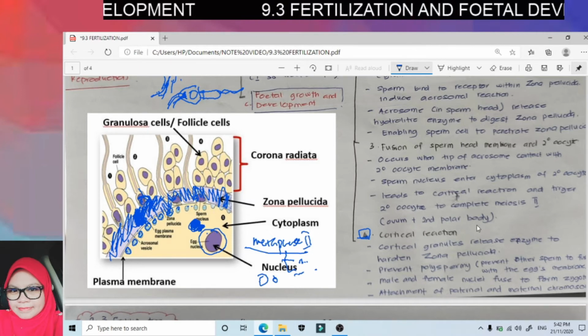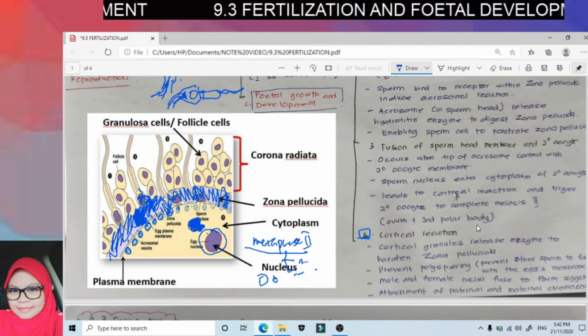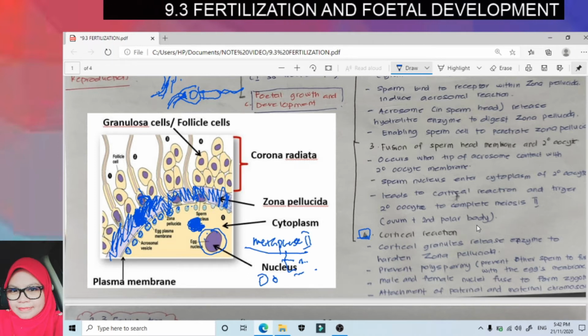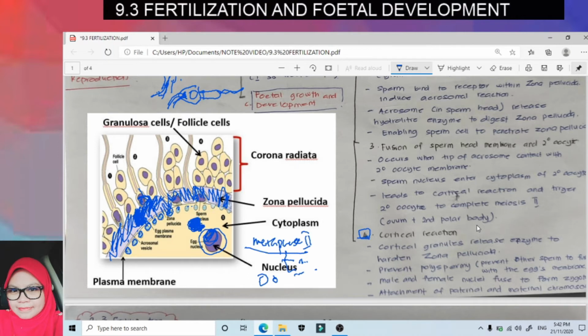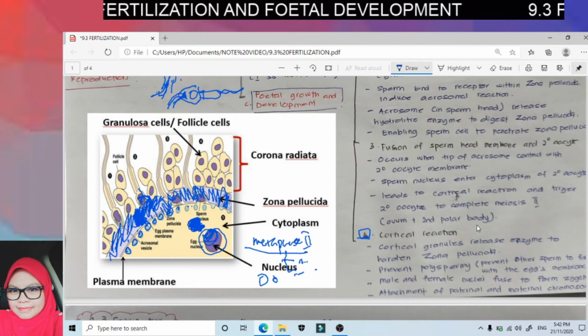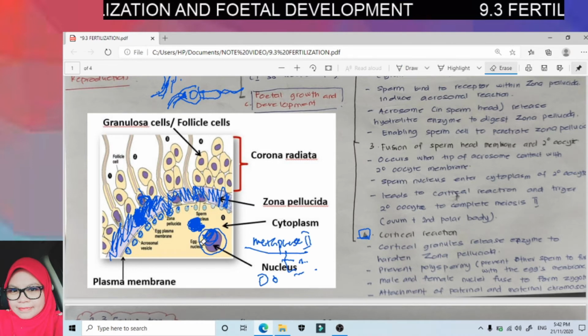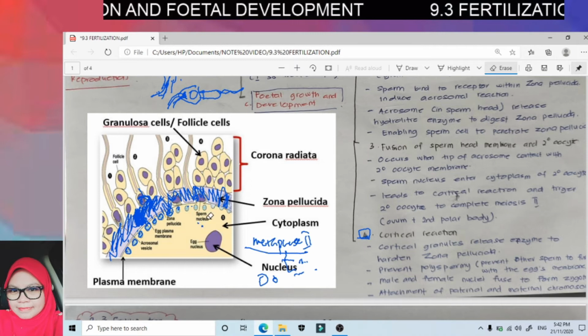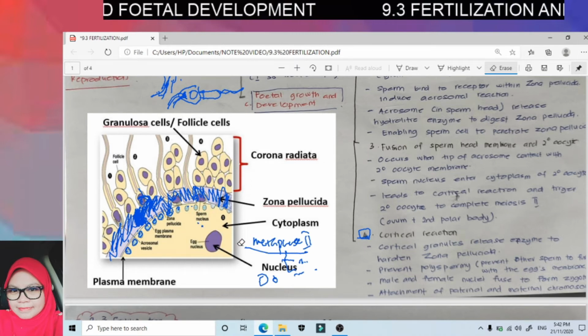So now the sperm nucleus and the egg nucleus are fertilized, they fuse together. Okay, so now they fuse together.